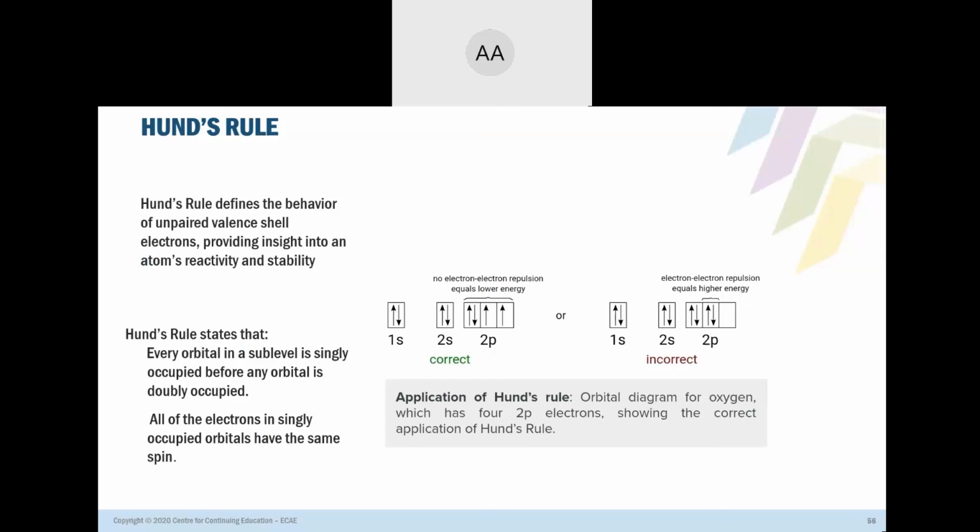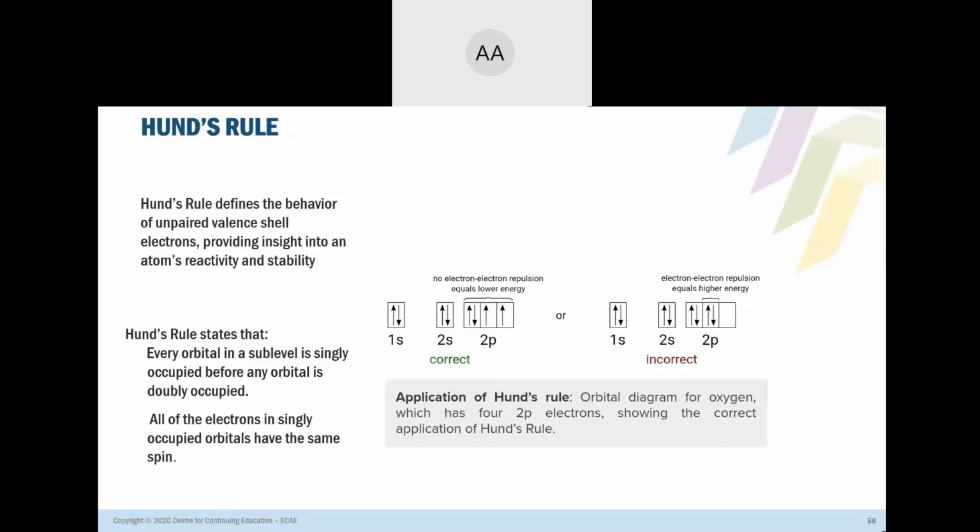Can you see what the difference is in those diagrams? Because remember, Hund's rule is all about electron spin and repulsion. According to Hund's rule, all orbitals will be singly occupied before any is doubly occupied.